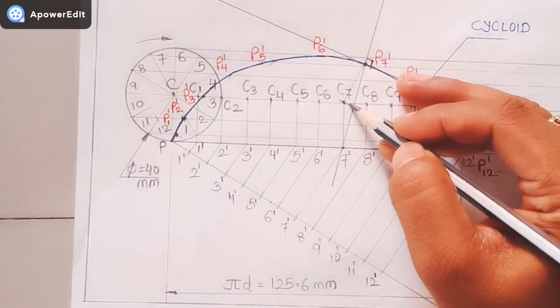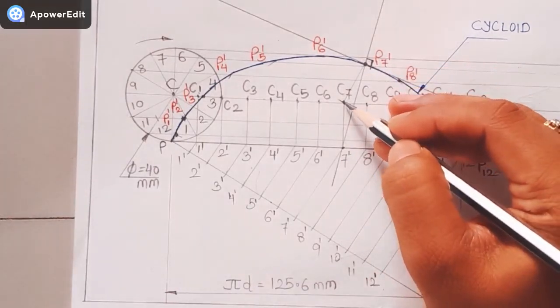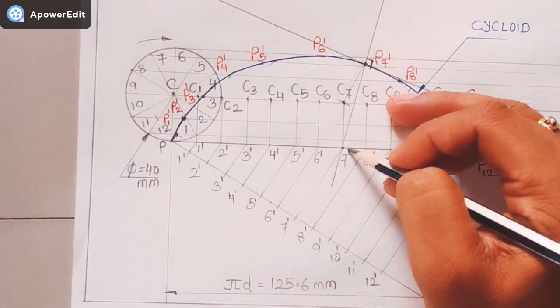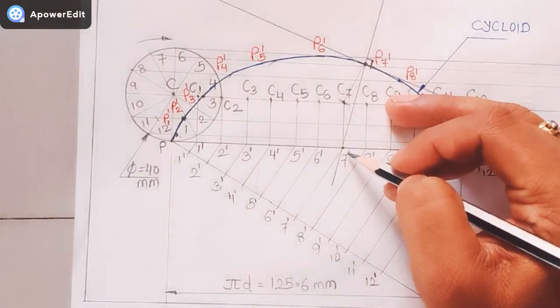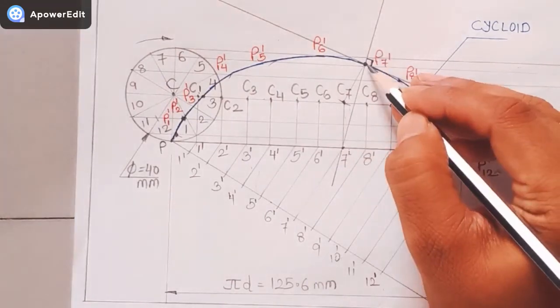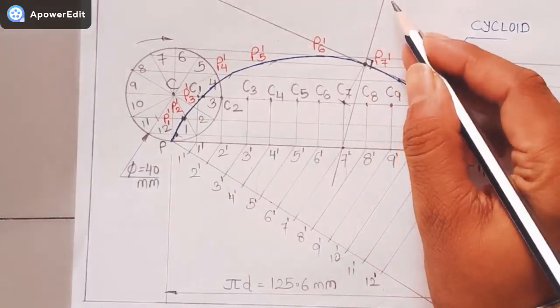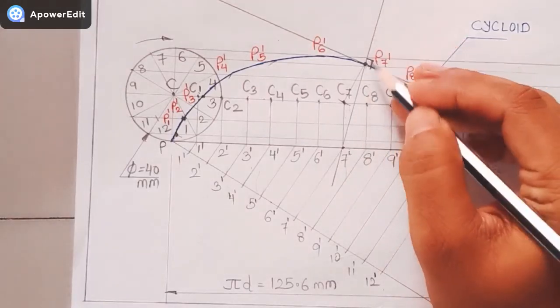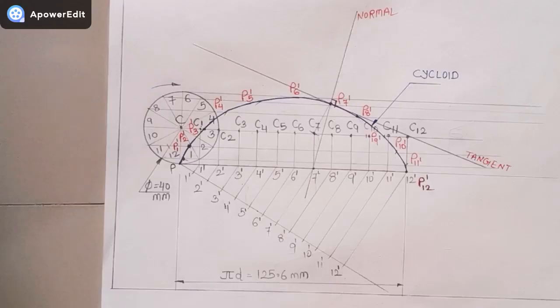Obviously it will cut at the point C7. From the point C7 I will draw a vertical line downwards. Already it has been drawn, so here the point is 7 dash. So from this 7 dash to the point which I have got already, I will draw a straight line, or I will join this, so it will become my normal. That line is the tangent.